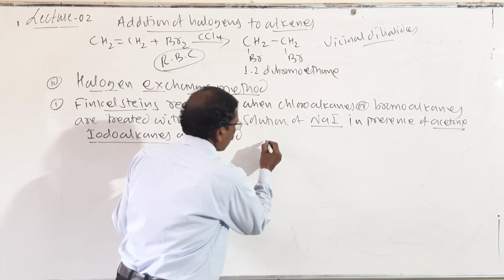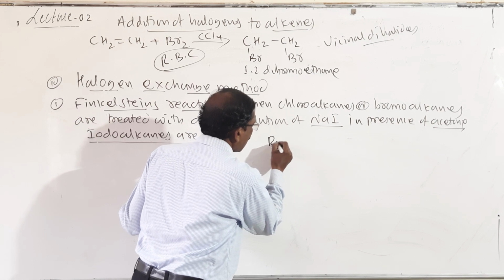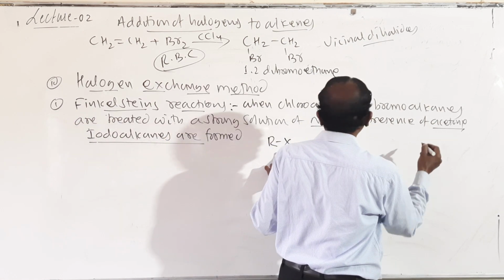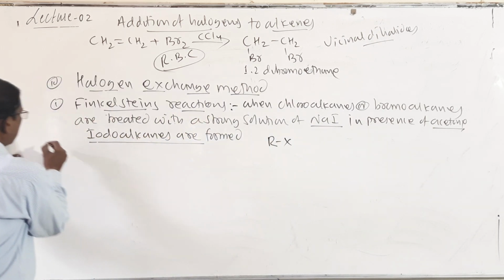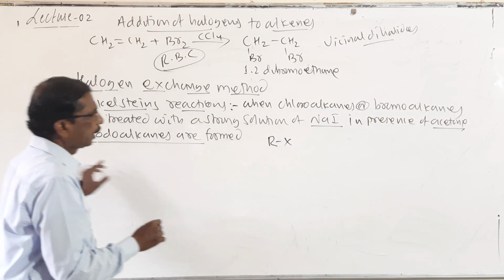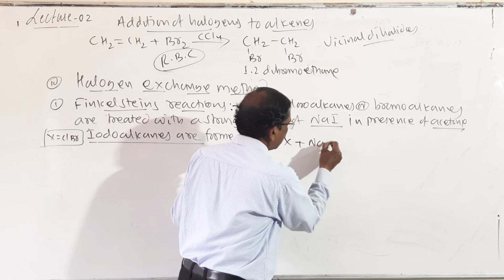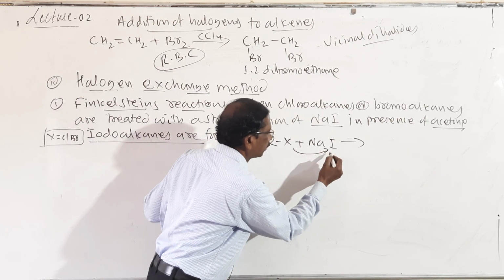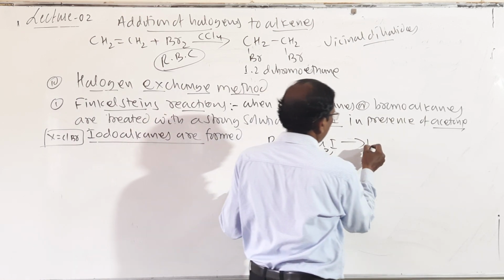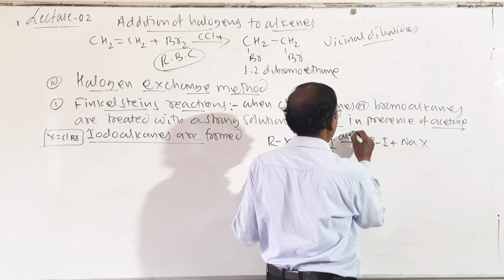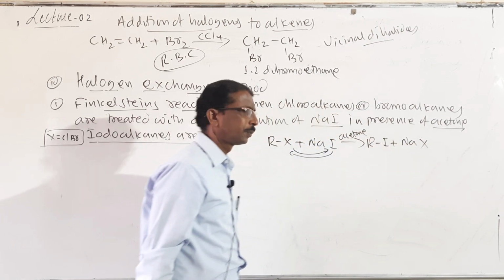Look here students, when RX, where X is equal to Cl or Br, plus NaI, the halogen exchange takes place. Then it forms RI plus NaX in presence of acetone.